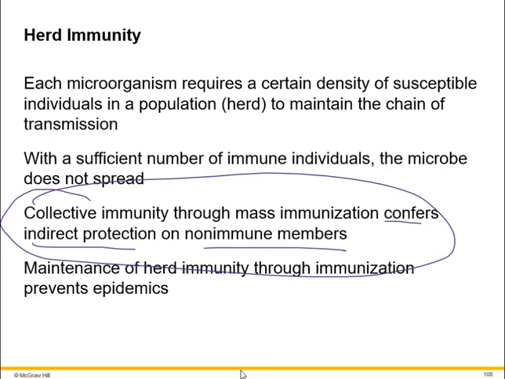And so you have to maintain a certain level of herd immunity through immunization to prevent epidemics. When herd immunity levels have gone below the threshold, we see outbreaks.